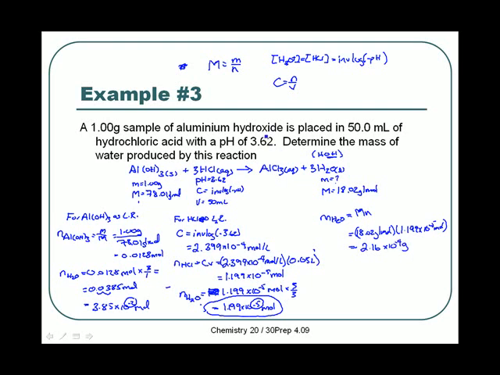And when we take a look at our question, don't forget that for pH, there's only 2 sig digs for our pH, so it's going to be 2.2 times 10 to the negative 4 grams. That's the mass of water produced by our reaction.